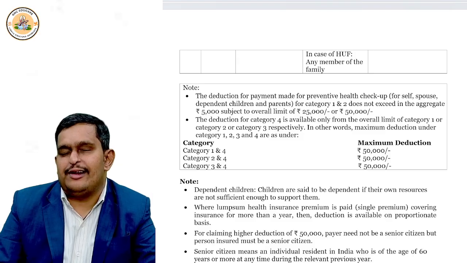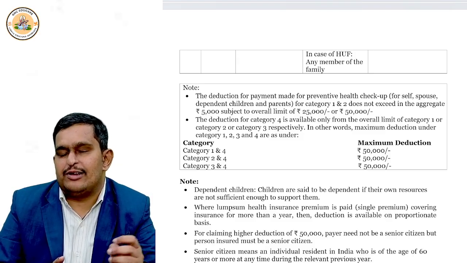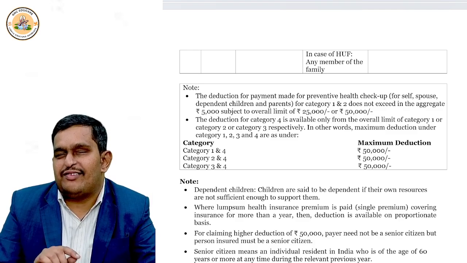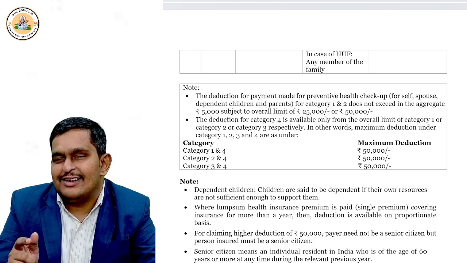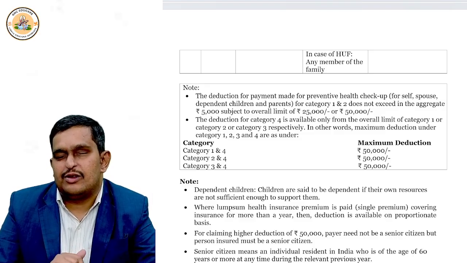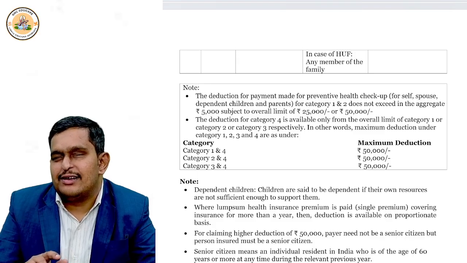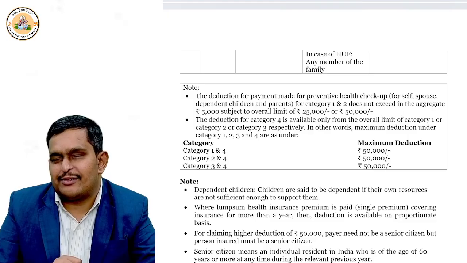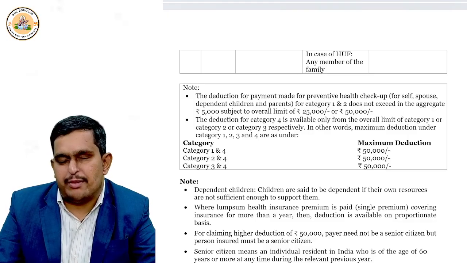Now, whatever we discussed in 1, 2, 3, 4, is this 5,000 above that or within that limit? The answer is this preventive health checkup amount is within the limit. So suppose actual amount paid or 25,000 we said, preventive is included in this. Like that you should remember.